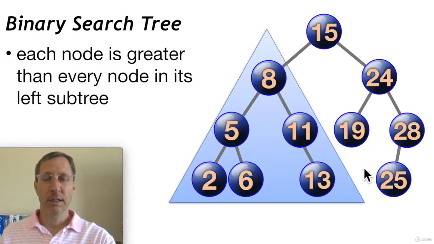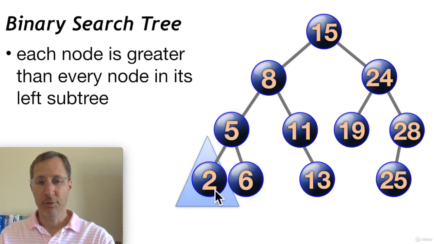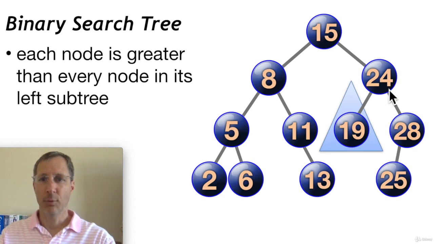In a binary search tree, each node is greater than every node in its left subtree. So here we can see that 15 is greater than every single node in its left subtree. And 8 is greater than every node in its left subtree. And the 5 is greater than every node in its subtree. The 24 is greater than every node in its left subtree. So this is a standard requirement for binary search trees.